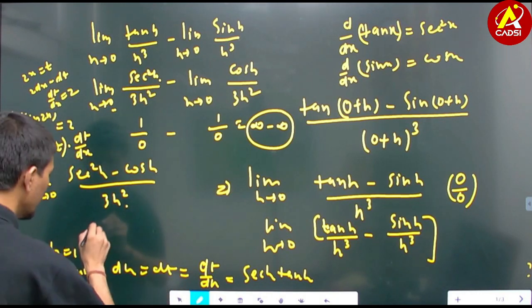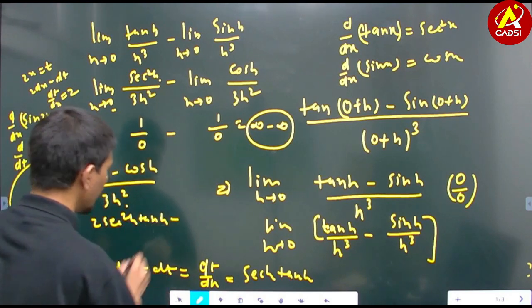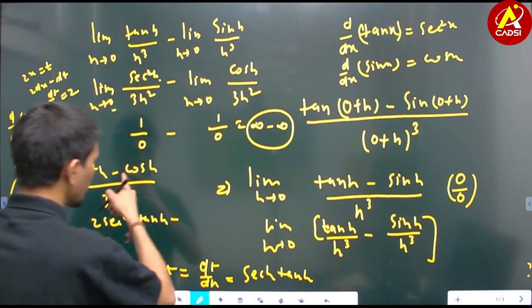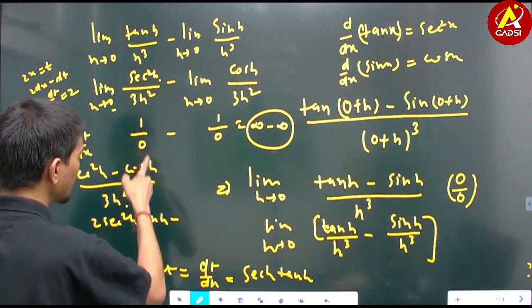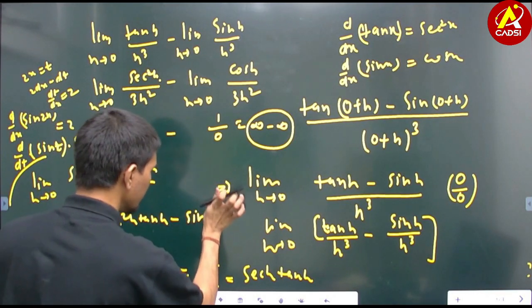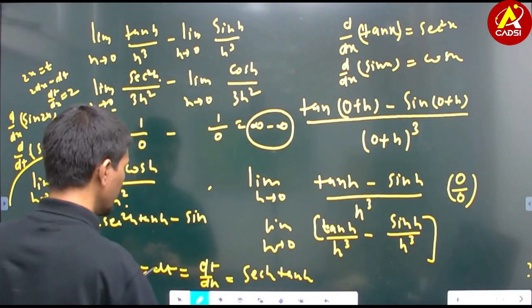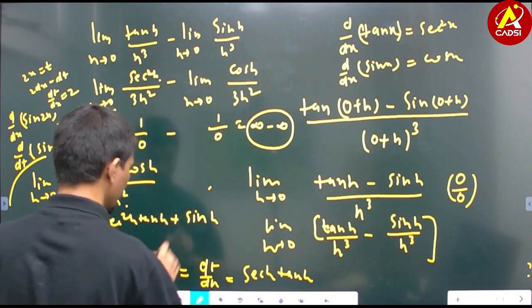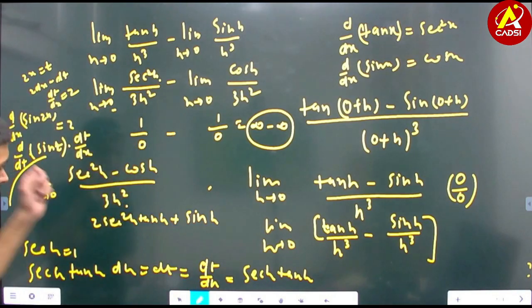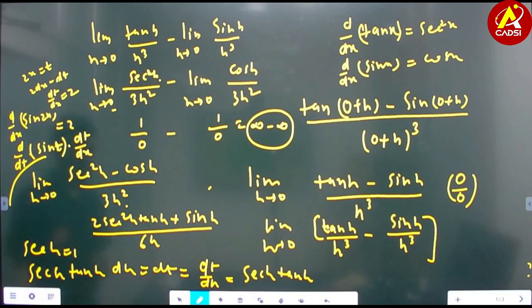Then minus cos h: the derivative is minus sin h, so minus minus is plus sin h, and 6h, okay.